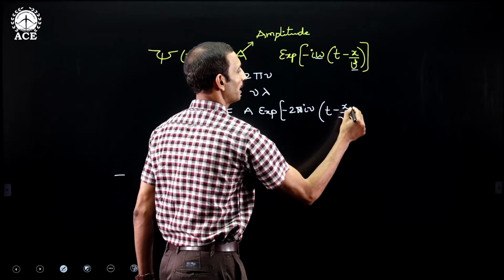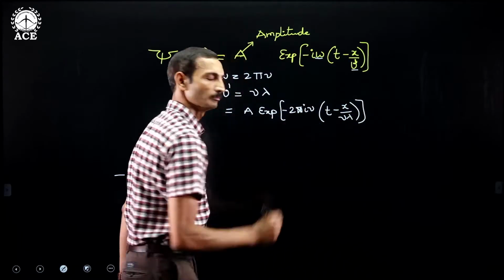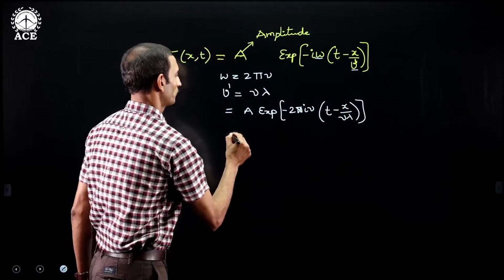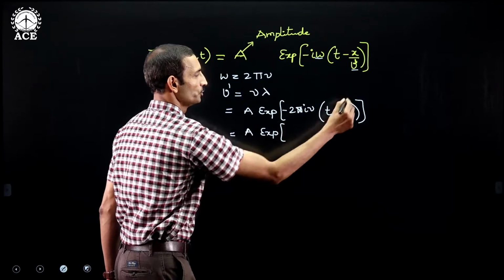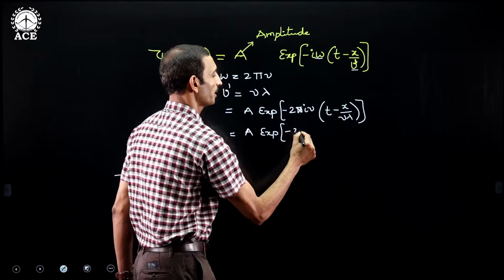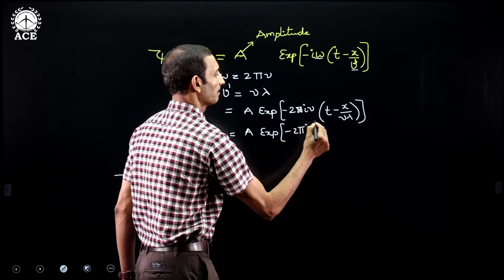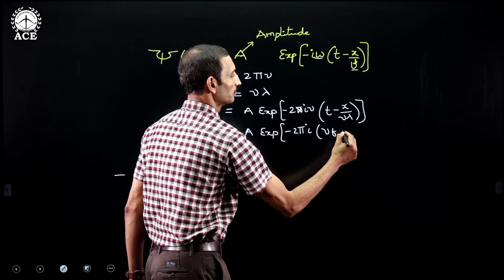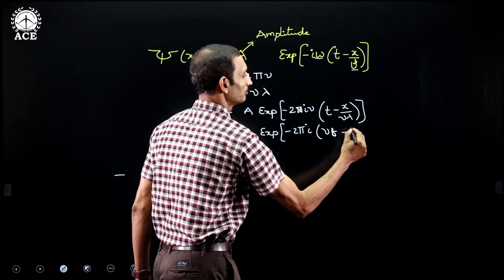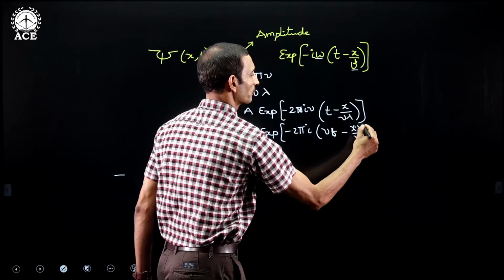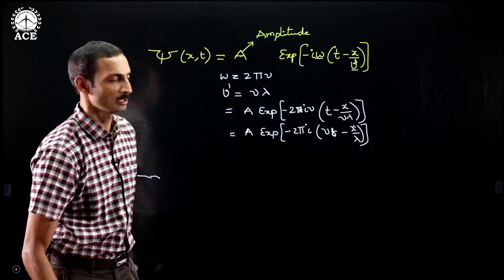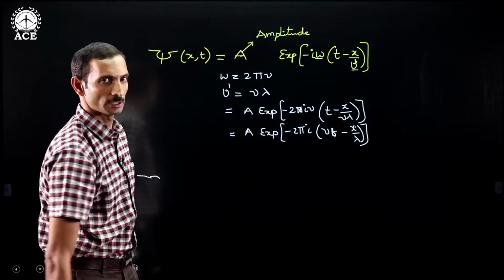Nu into lambda. Right. Now further refining, this is A into exponential of minus 2 pi i, nu taken inside, into (nu t minus x by lambda), because nu gets cancelled as it goes inside.